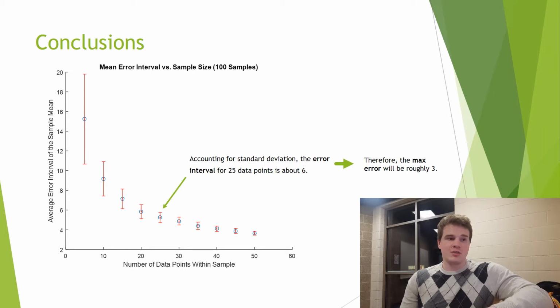We can see that samples containing 25 data points have an error interval of 6 when we also include the effects of the standard deviation. Therefore, if we have a sample containing 25 data points for this example, there will be a max error of roughly 3.